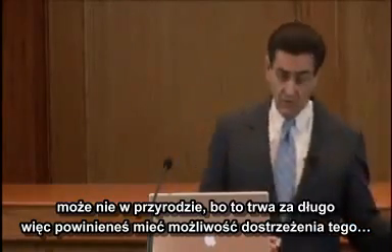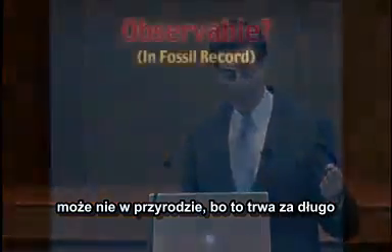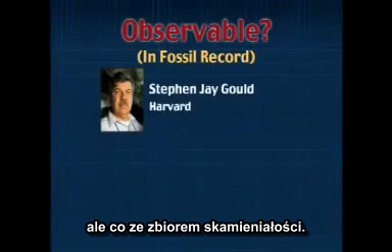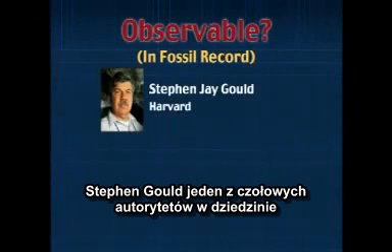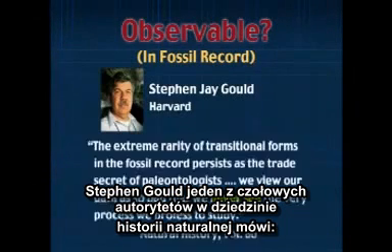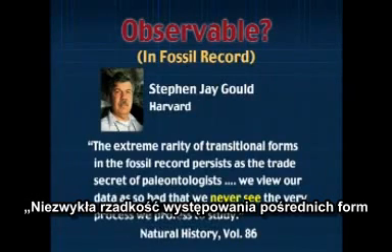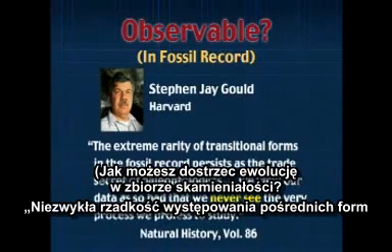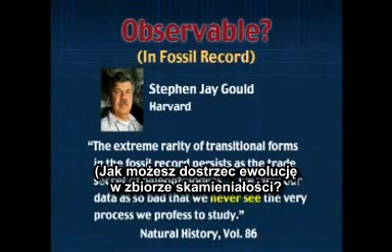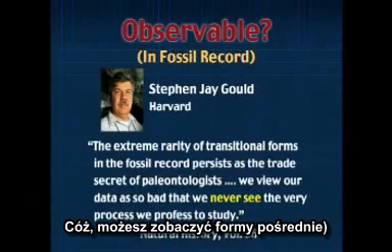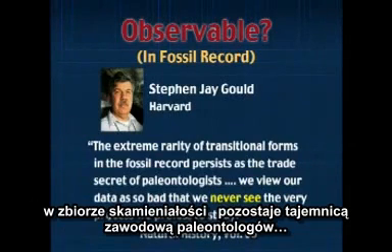So maybe not in the living world because it takes too long, but what about the fossil record? Again, Stephen Gould, one of the leading authorities writing in Natural History, says the extreme rarity of the transitional forms. And how would you see evolution in the fossil record? Well, you see the transitional forms, the only way you could see it. The extreme rarity in the fossil record persists as the trade secret of paleontologists.